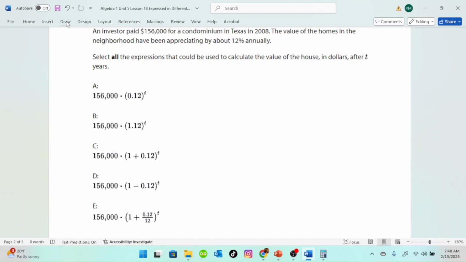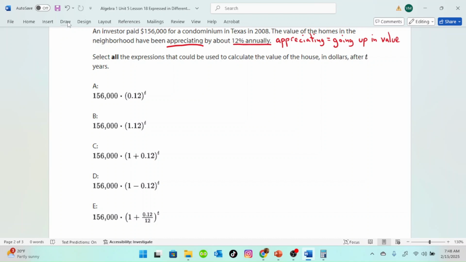So there's a vocabulary word here that you might not know, and that is appreciating. And this means going up in value. So it's increasing by the 12% annually.